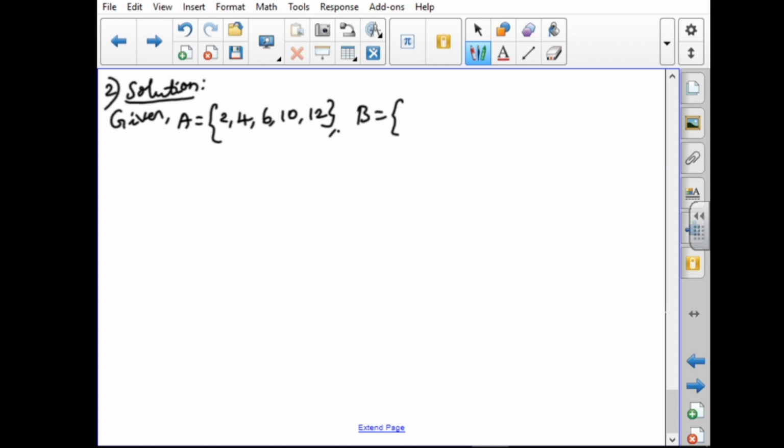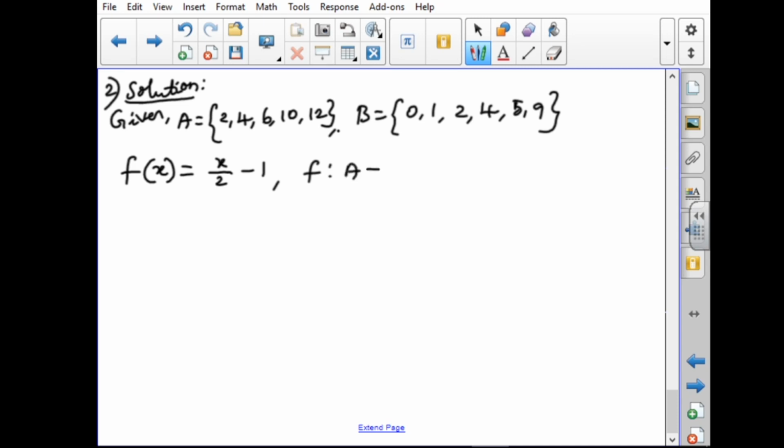B equal to {0, 1, 2, 4, 5, 9}. Next, they have given f of x equal to x by 2 minus 1. This is the given condition.